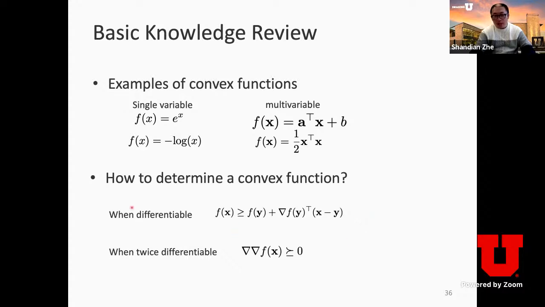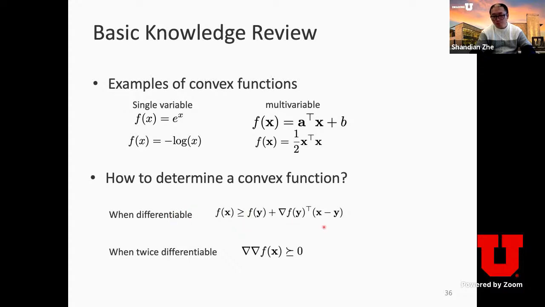First, if the function is differentiable, convex is equivalent to saying f of x is always bigger than or equal to f of y plus the gradient of f at y multiplying with x minus y. By the way, this is the inner product. The x, y are chosen arbitrarily from the input domain.